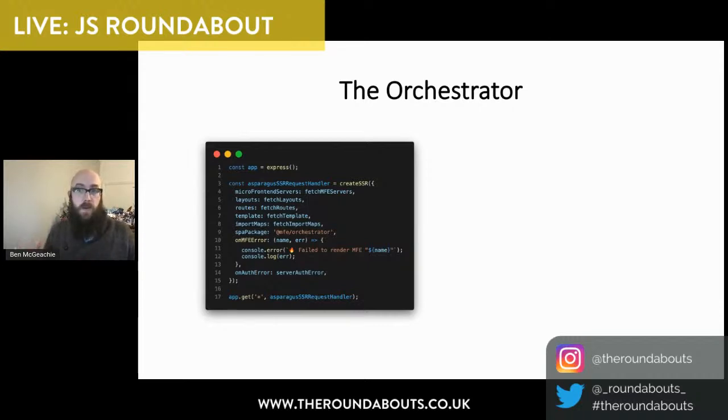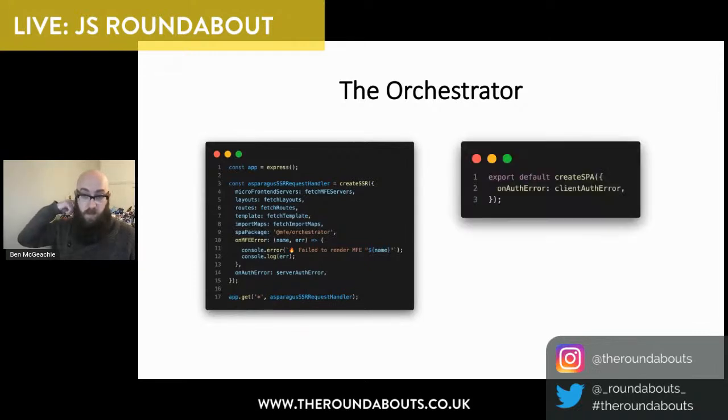Each of the fetch methods that you can see there, fetch MFE servers, fetch layouts, all of that stuff, that's all they are. They literally use the fetch npm package to provide an asynchronous request for resources that resolves into JSON.